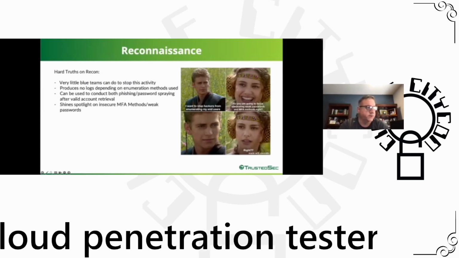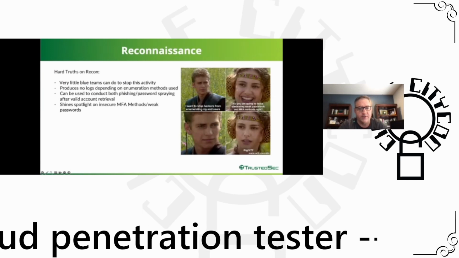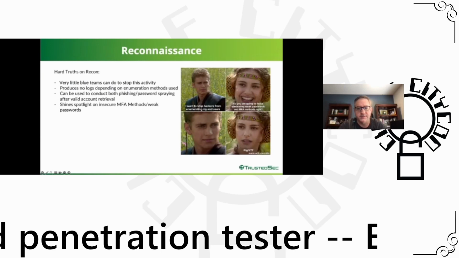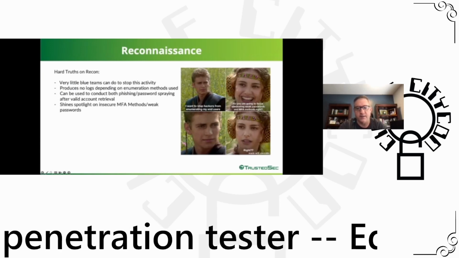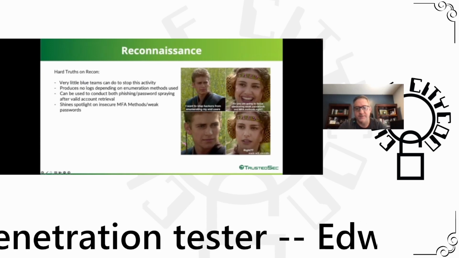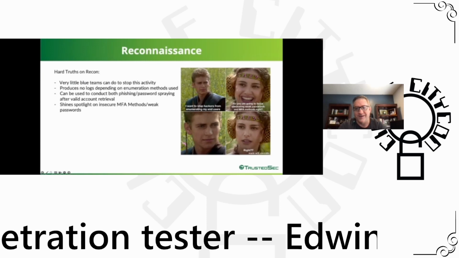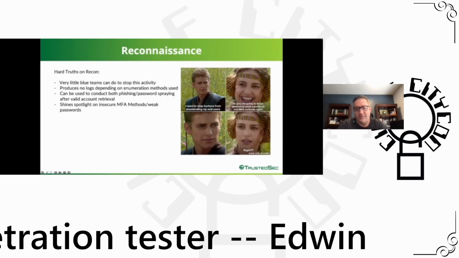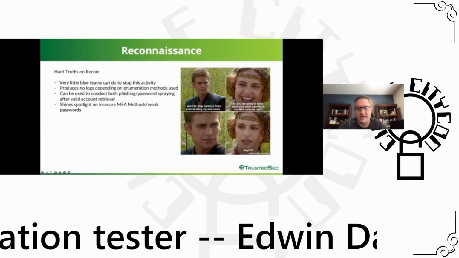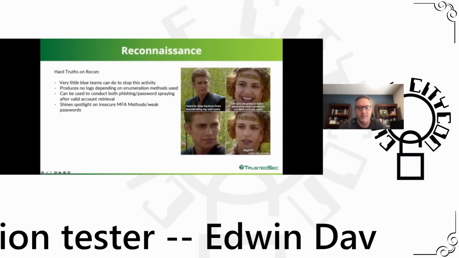So, some hard truths around user enumeration, because I do get this quite a bit: hey, how do we stop this? I don't like that offensive security specialists can enumerate valid user accounts in this method. And really, my whole response is attackers are going to get valid accounts in one way, shape, or form.